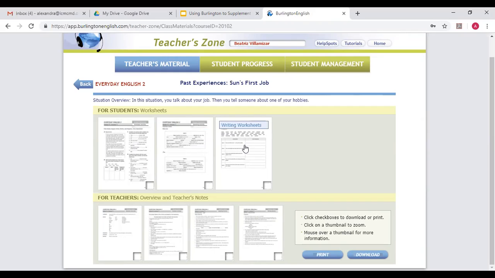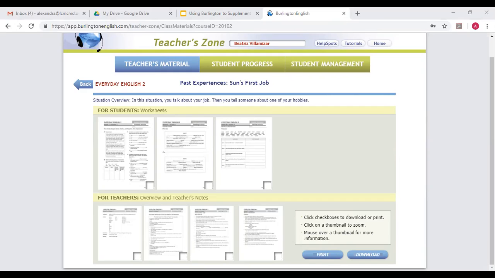You can also have students using the software during class time, or you can ask students to access the software at home and practice these exercises.